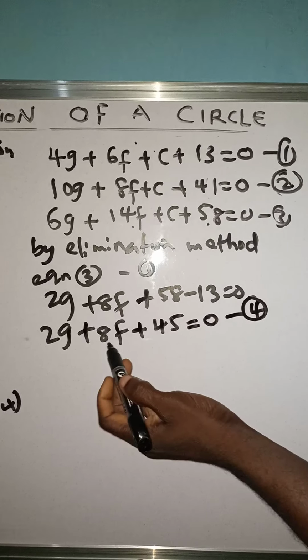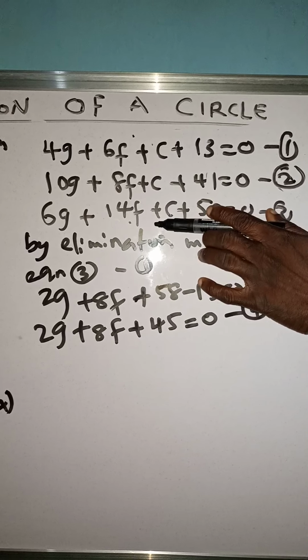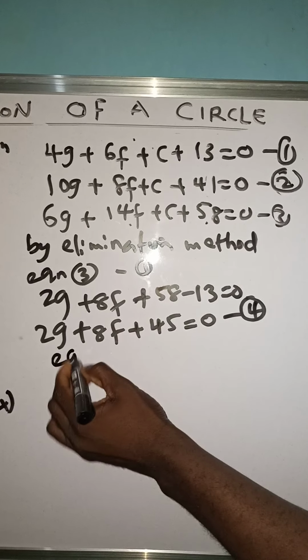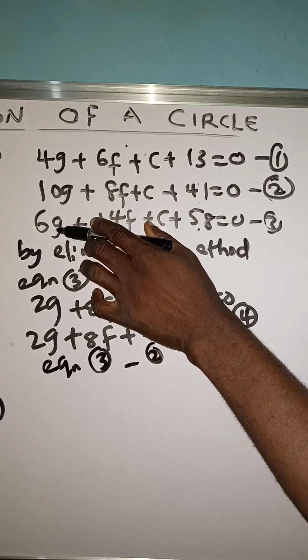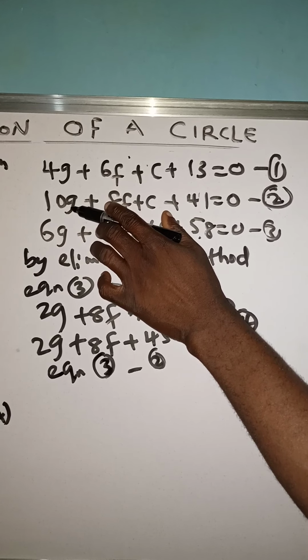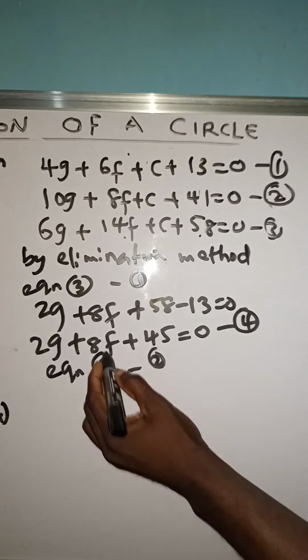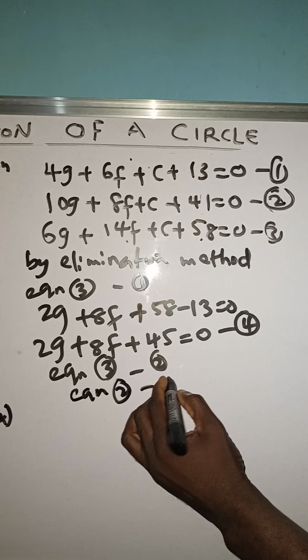And now I need another equation having 2 unknowns. You can take any equation. Let me take equation 2 minus equation 1.